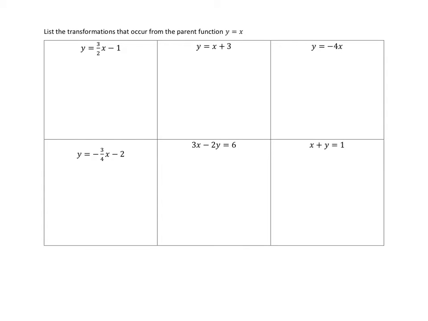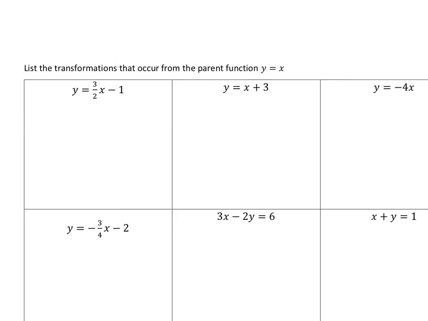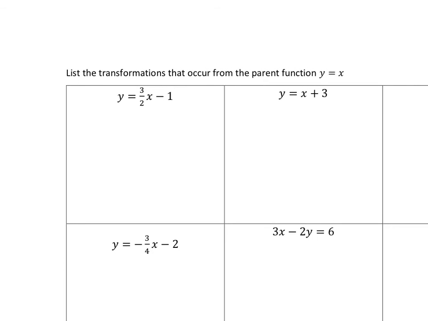If you flip over to the back, the directions are the same for all of these. They ask you to list the transformations that occur from the parent function y is equal to x. The first thing I'm going to do is list slope-intercept form, y is equal to mx plus b, because that helps me out.